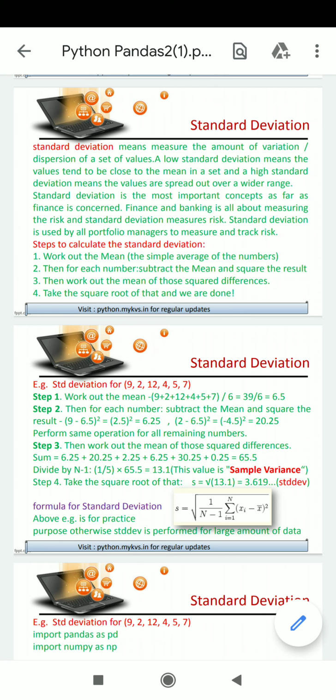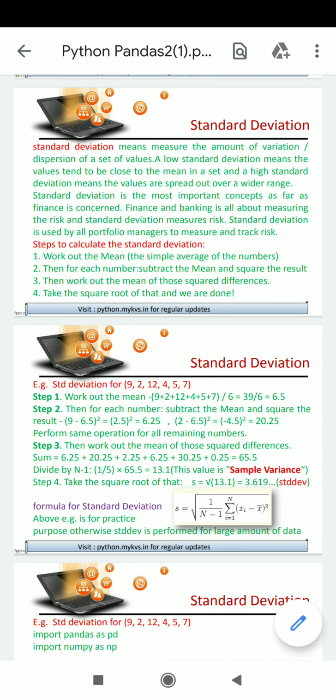Finding standard deviation is very easy if we follow the steps given here. A low standard deviation means the values tend to be close to the mean. Students, are you getting my point?